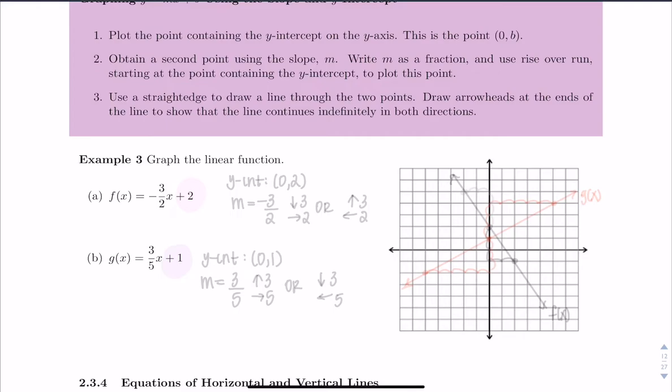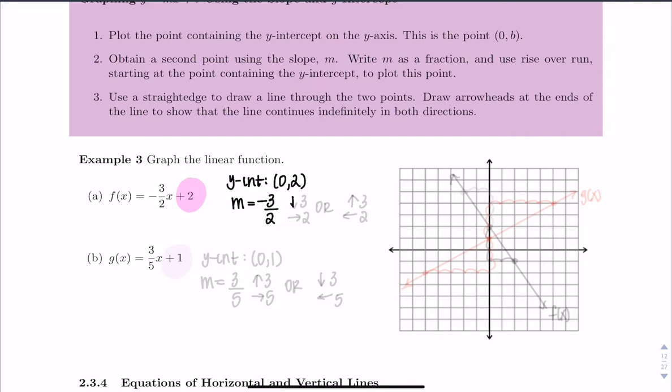So your y-intercept is the piece that is not attached to your x. So in this case, it's the 2. So my y-intercept is the point (0, 2), and my slope is negative 3/2. And so with slope, you have 2 different options.